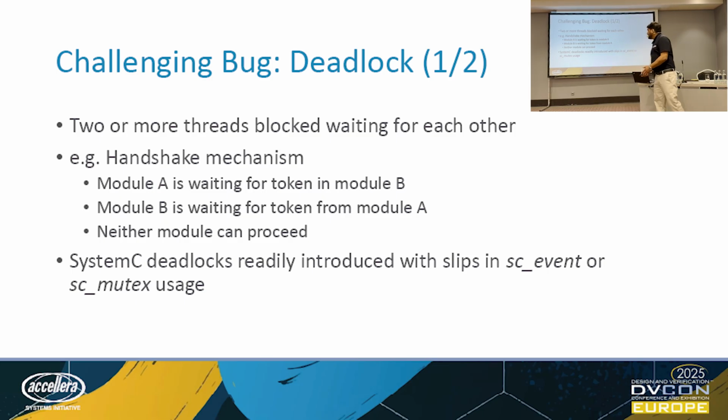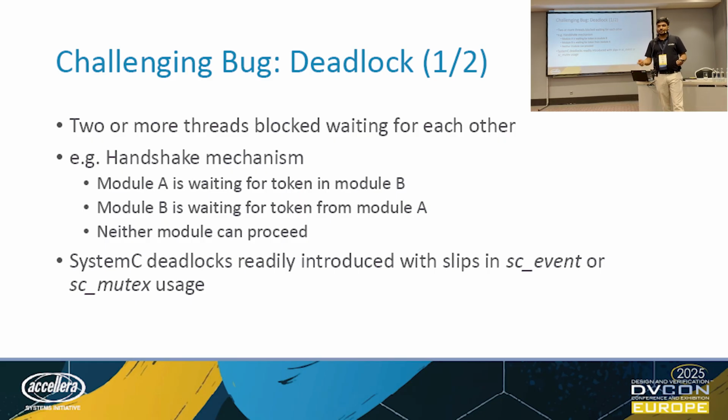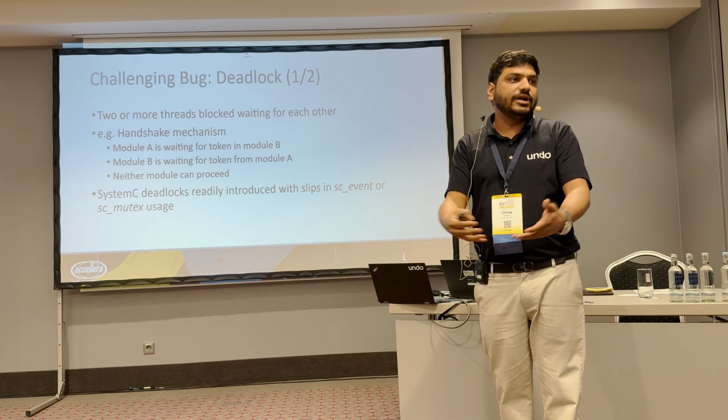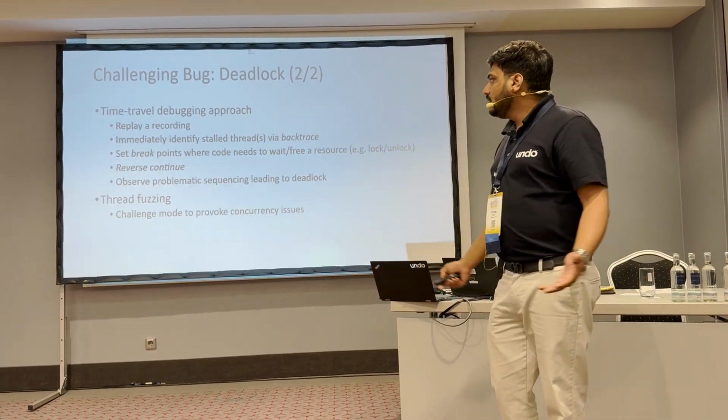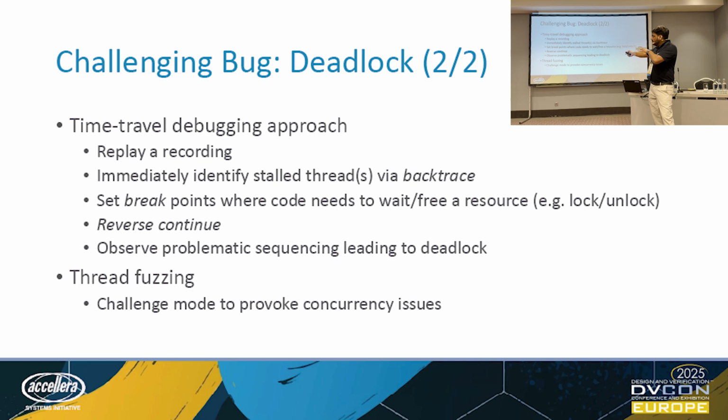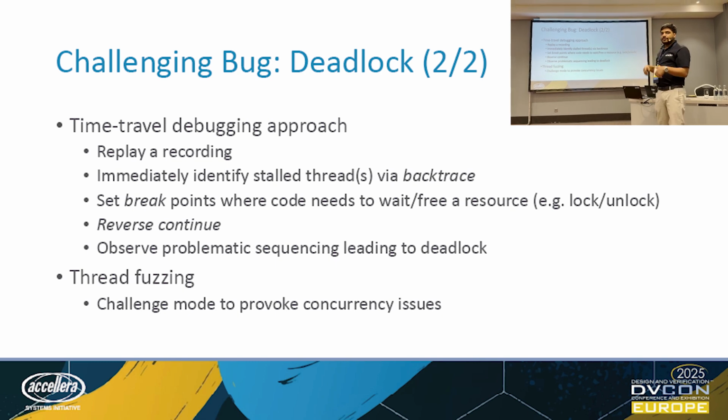Now let's say it was a deadlock, right? I don't know how many of you actually face deadlocks in your SystemC models. Do you? No? I see one eyebrow raise. Okay, sometimes both parties are waiting for each other and nobody is able to move forward, and that's a deadlock, right? So what we would do again is record it, identify which threads.